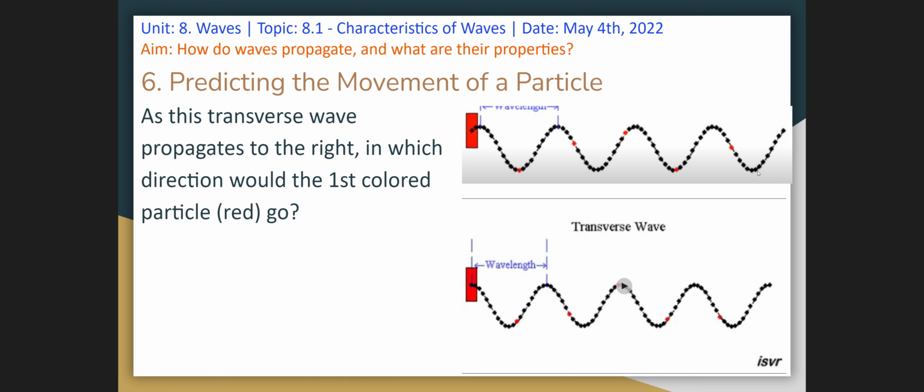Most students are going to say it's going to go up, because they think the wave is moving, which means the particle is moving. But in a previous slide, we also said that particles don't actually move with the wave. They're not getting transferred. This particle right here follows the line of the wave.